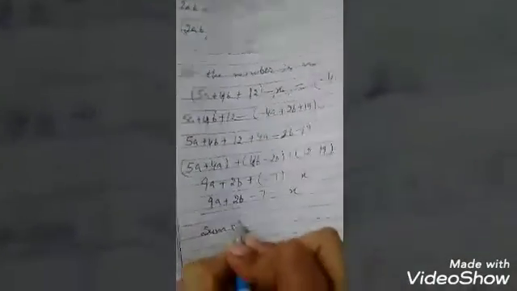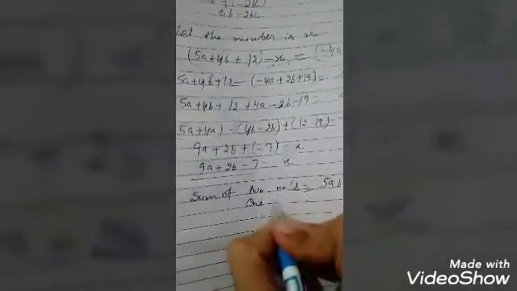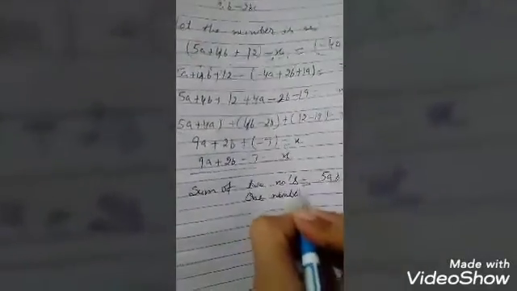Fifth sum. The sum of two numbers is this, and if one of them is given, find the other. Now we have given the sum of two numbers. Sum of two numbers is equal to 5ab plus 3b plus 7a. One number is equal to minus 2ab plus a minus 5b.